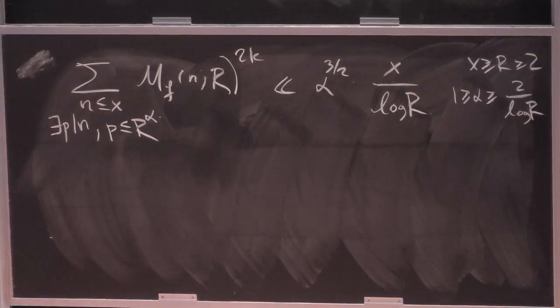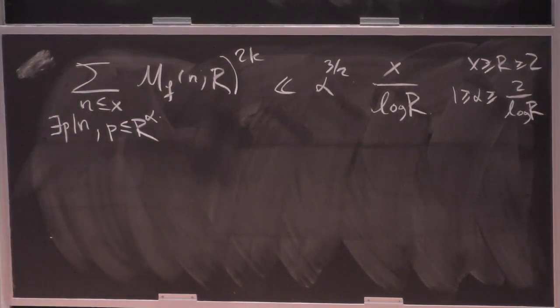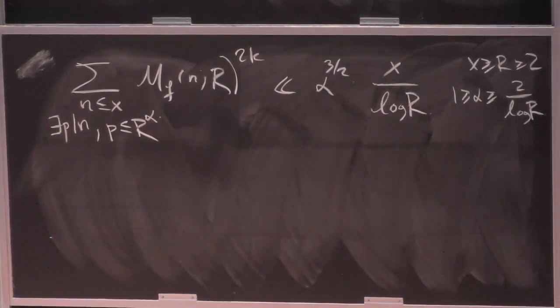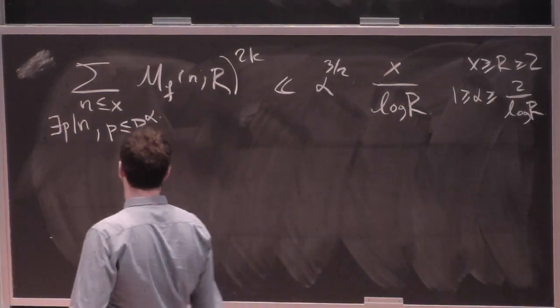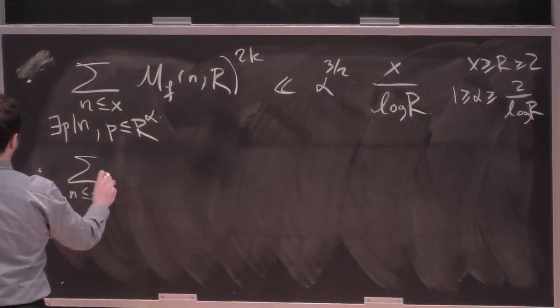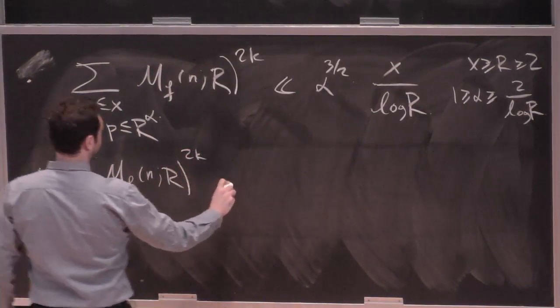So what this means is that most of the weight of the 2kth moment is coming from integers that do not satisfy this, meaning all of the prime factors are bigger than r to the alpha for a small enough alpha. Therefore, these weights are genuine sieve weights, doing what you would expect a sieve weight to be doing. Also, one can show that if I look at the 2kth moment, then I get an asymptotic formula.